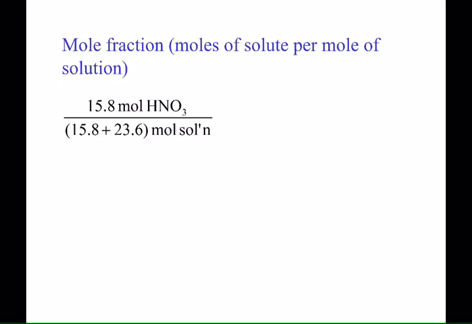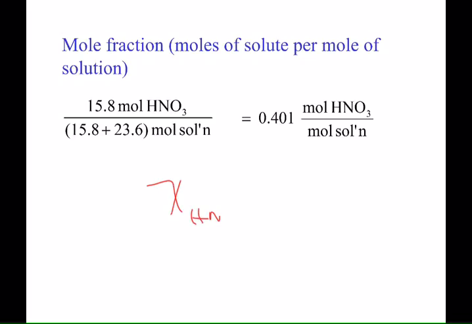Isn't that kind of cool? Okay. So round to 3 sig figs, and again, this can be unitless. You would just say the mole fraction of HNO3 is 0.401. And that's it. I forgot I worked it both ways.